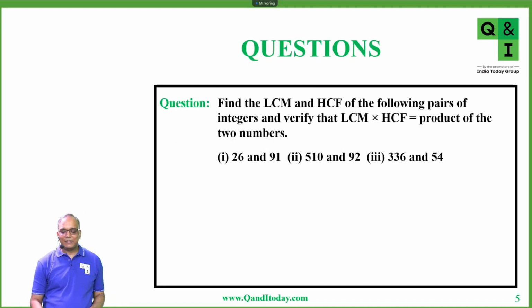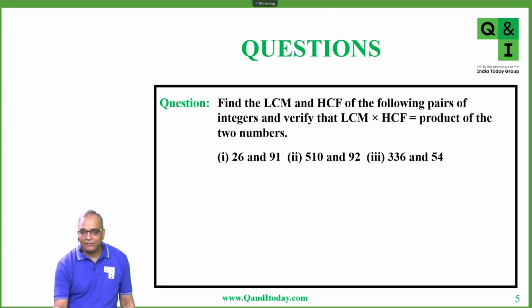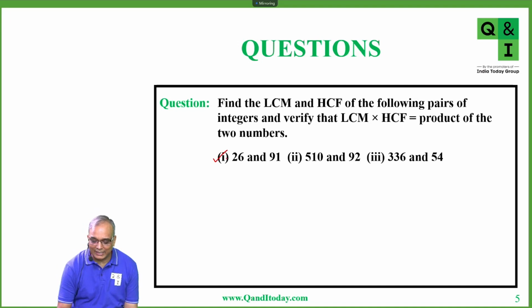Let us start with a question. In today's class, we'll find the HCF and LCM using the prime factorization method. So first of all, we'll start with the first question, that is, finding the HCF and LCM of 26 and 91.